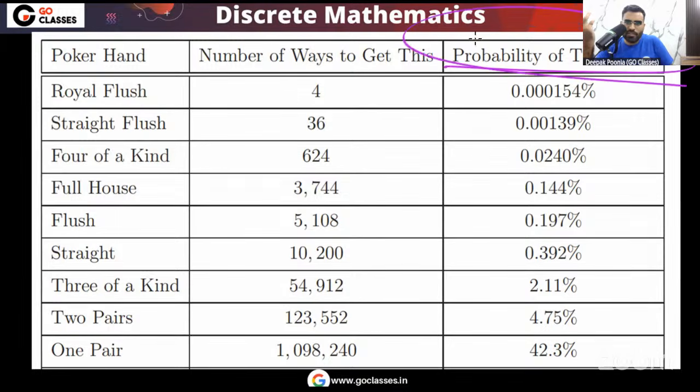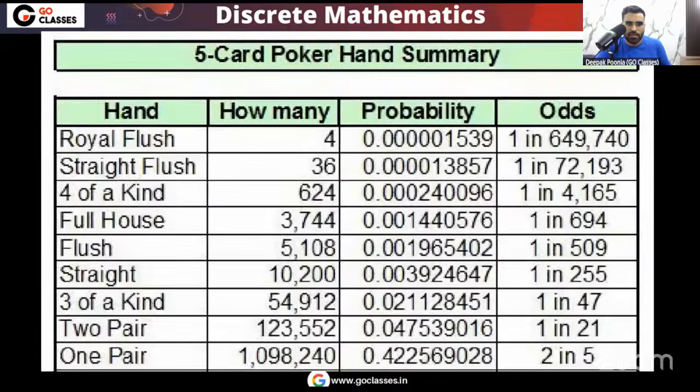You can see the probability is also written here, and the total count is also written here. This is the summary of the probability and the odds. Here you can see the odds are also written. You can check it out. For a one pair poker hand, what are the odds? Almost 2 in 5.